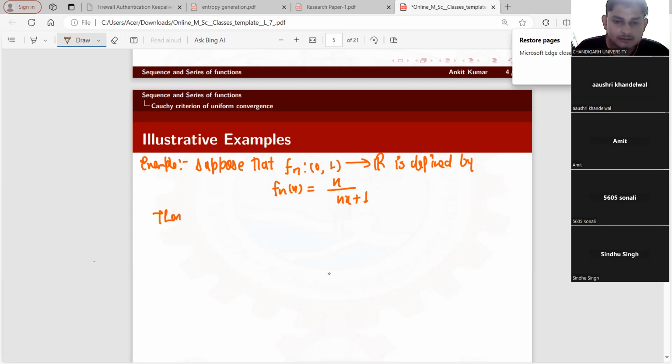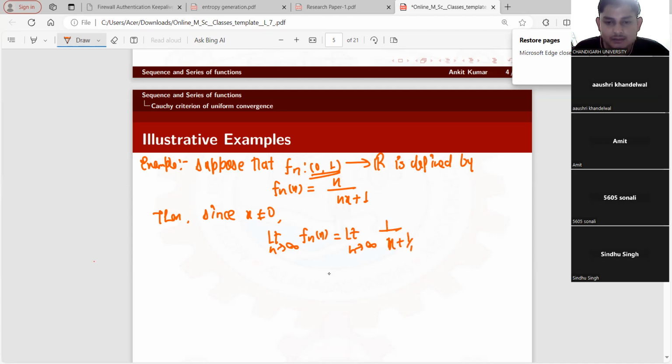Then, since x does not equal 0, consider the limit as n tends to infinity of fn(x). We see this domain (0, 1], so fn(x) is the limit as n tends to infinity of 1 upon (x plus 1 by n).